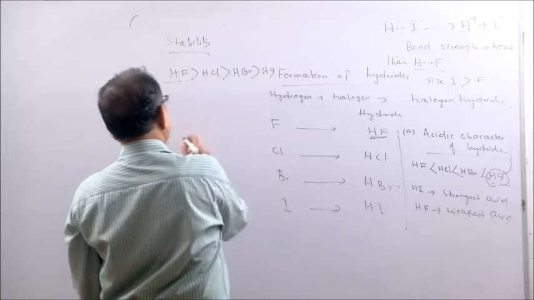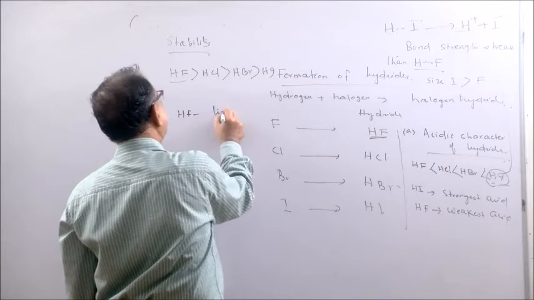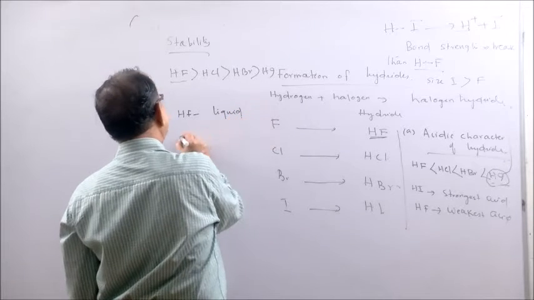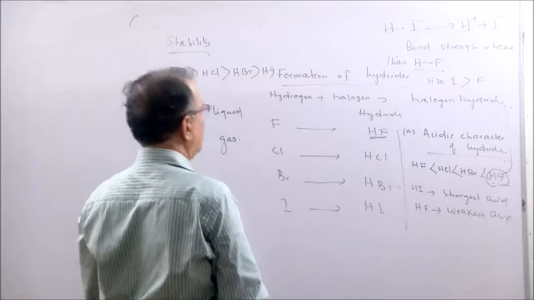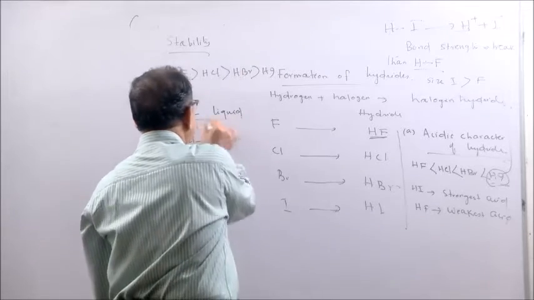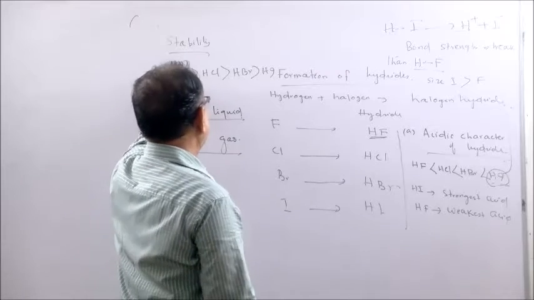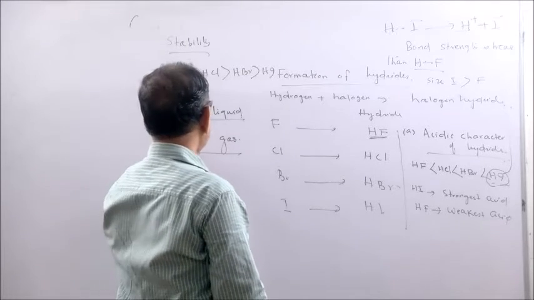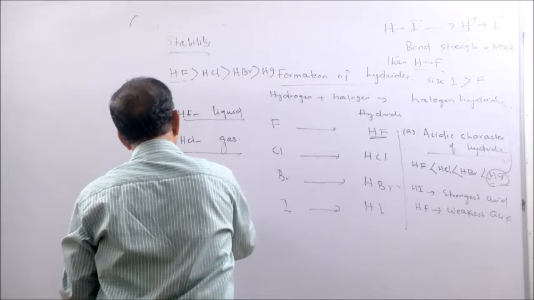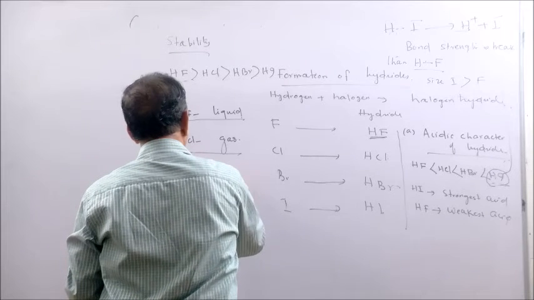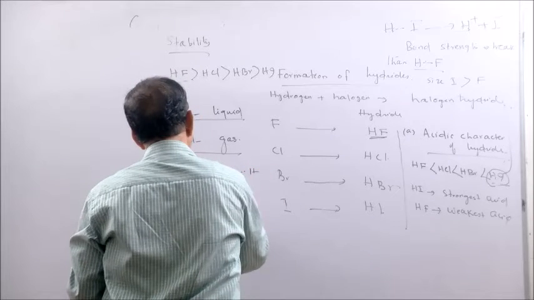Then another question is why HF is a liquid. HF is a liquid, HCl is a gas. Why is hydrogen fluoride a liquid and hydrogen chloride a gas? That can be explained by stability, because HF is more stable than HCl. Fluorine forms hydrogen bonds.